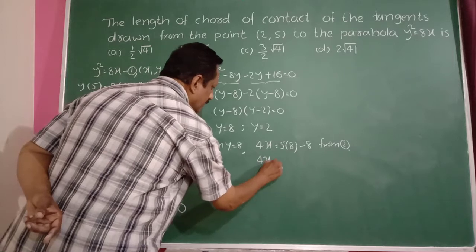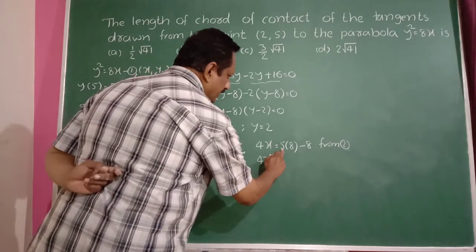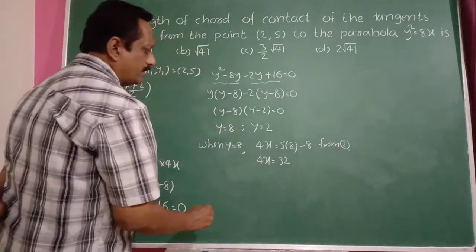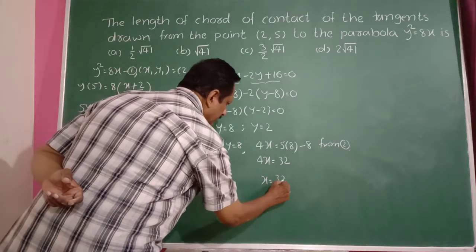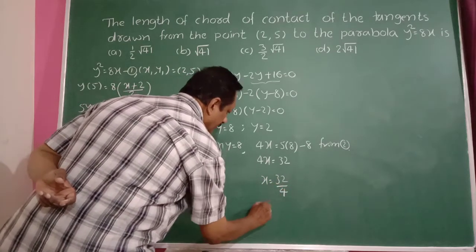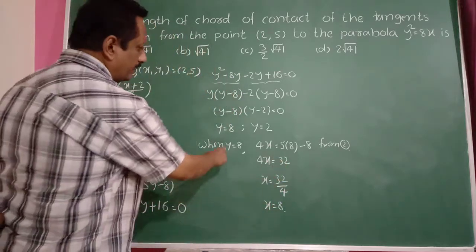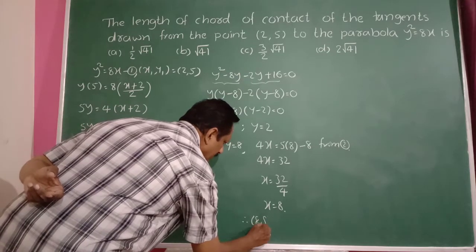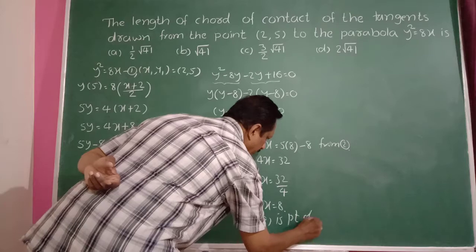Therefore 4x: 8 fives are 40, 40 minus 8 is 32. Take 4 to the right-hand side: x equals 32 divided by 4. Hence x equals 8. Therefore y is 8, x is 8. So (8, 8) is the point of contact.